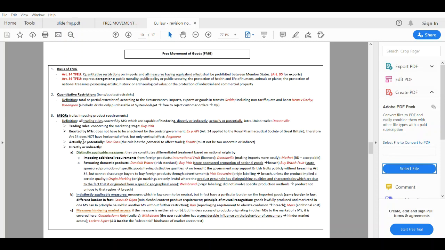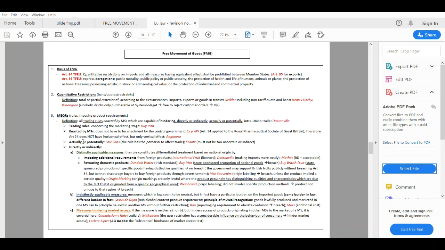However, this list, which was developed by the Cassis de Dijon case, was later expanded by a number of cases, and further grounds were added to these justifications.